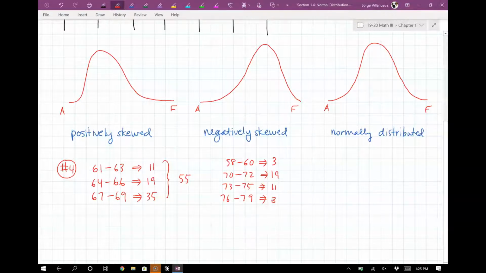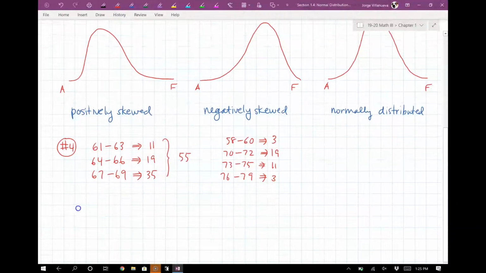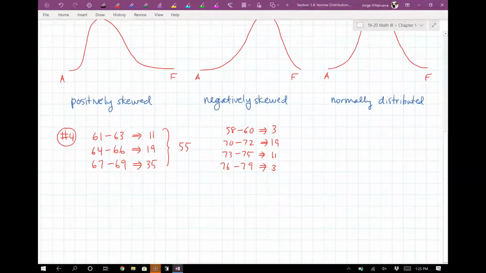So let's add up that part right here and then add it to 55, because that's the 55 we already figured out. So 3 plus 19 plus 11 plus 3, that's 36. So 36 plus 55 is 91. So we're going to say total is 91 students. Now, we might be off a little bit, but that's okay. They want us to approximate, right?